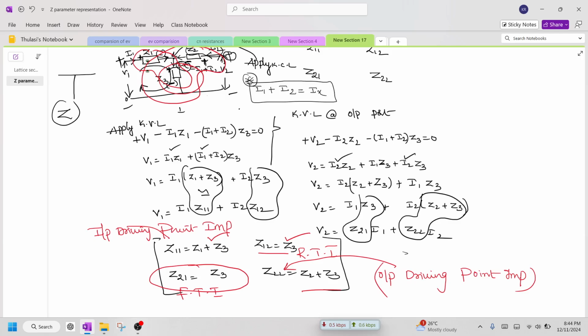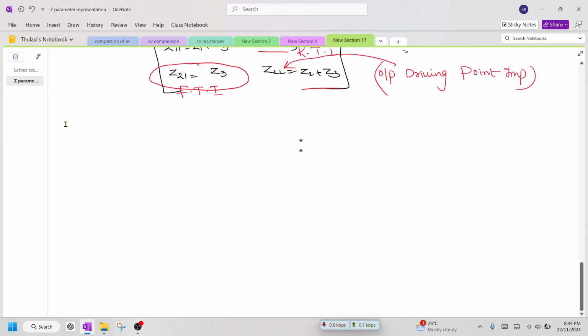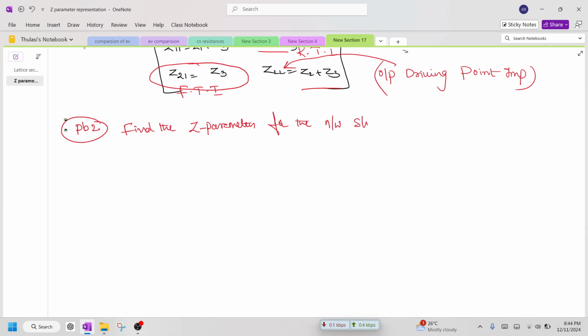Now one more problem. Let's try to solve it. Problem number 2: find the Z parameters for the network shown below.